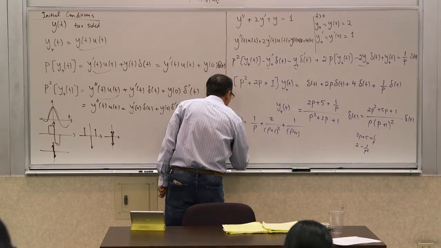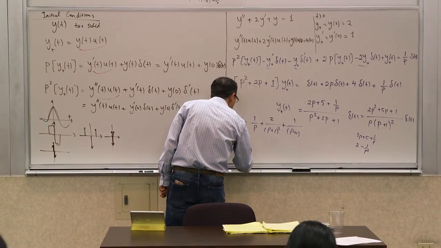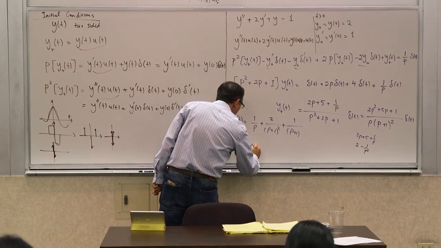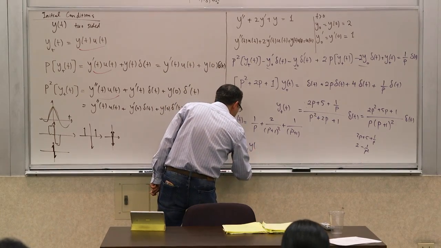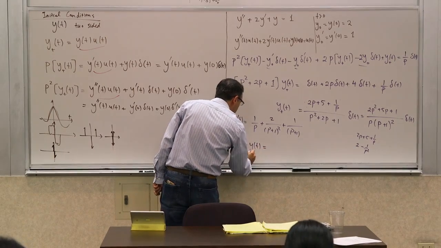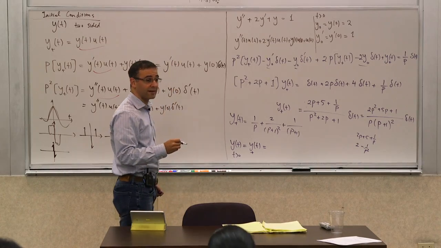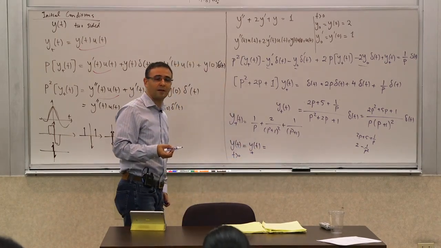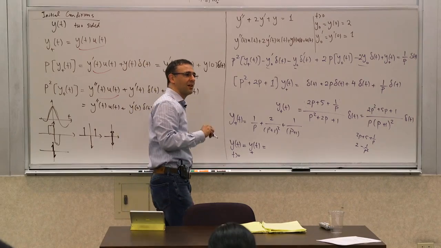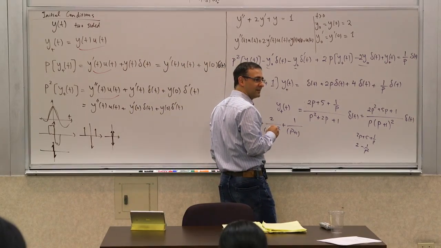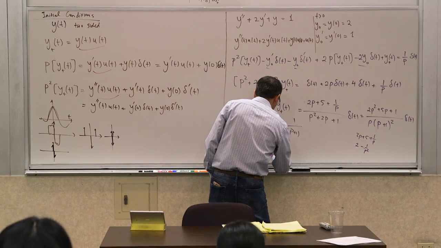So if I ask you what is y of t, which for t greater than 0 would be equal to y plus of t, for t greater than 0. What is it going to be? Use the catalog and tell me the answer. U of t.